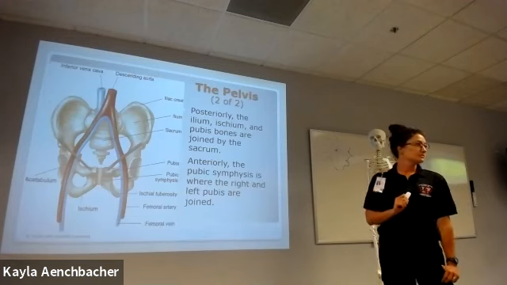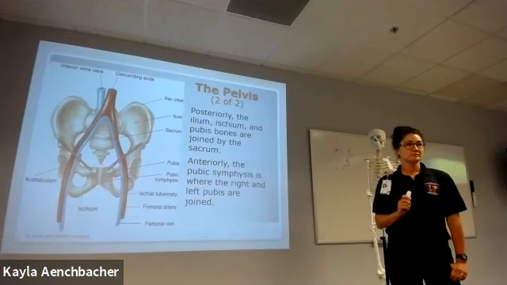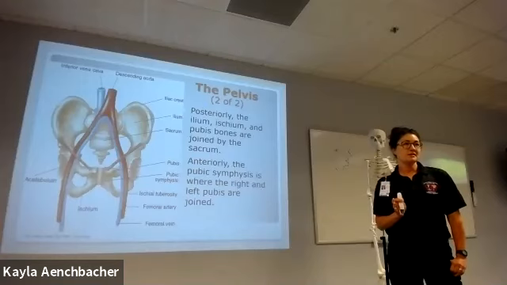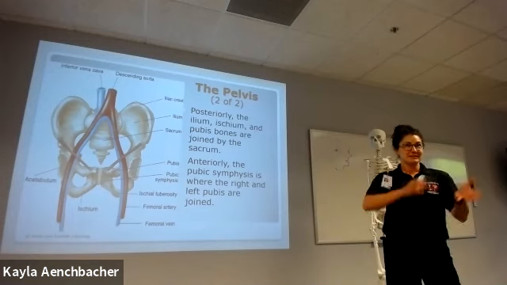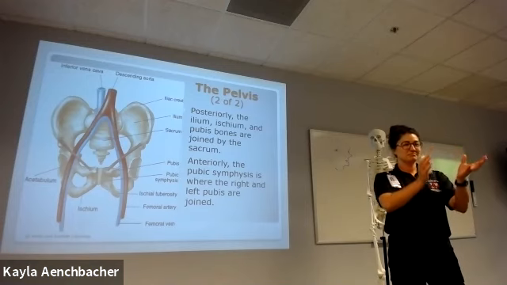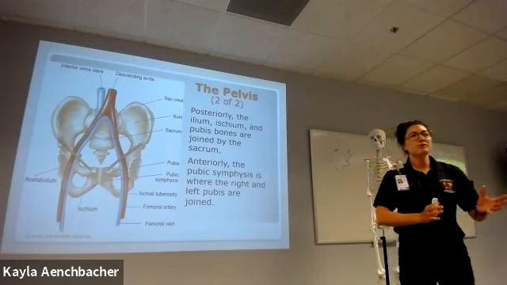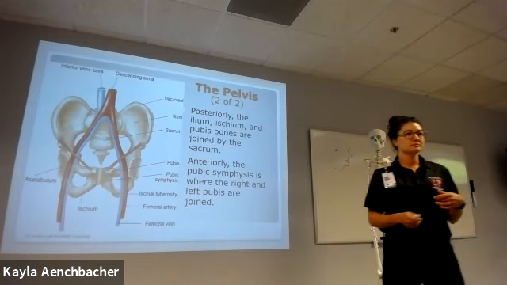Everybody go with the pelvis? Is the sacrum part of this? Technically, yes. It does serve as the back circular aspect of the pelvis, but it's technically part of the spine.